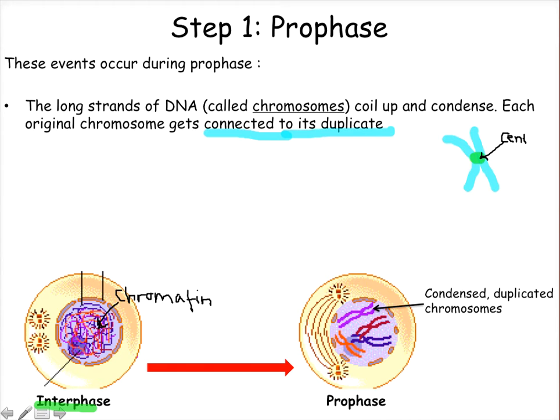And that the centromere holds together the 2 identical chromosomes, and when they're in this form, either one of the chromosomes, we now call them sister chromatids.